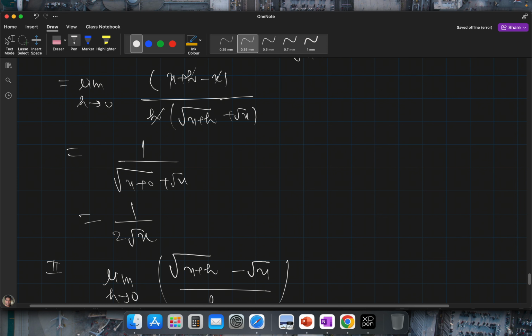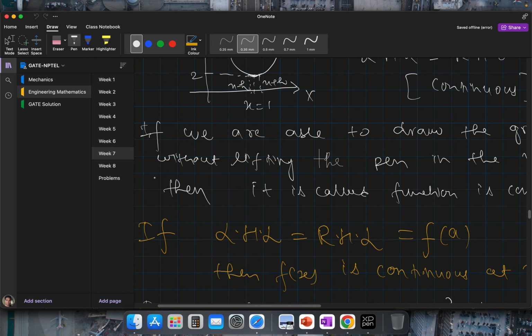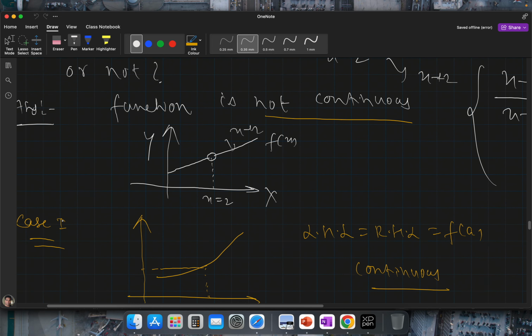Am I right or not? At that time only you are getting the answer. In the previous section you can see that.